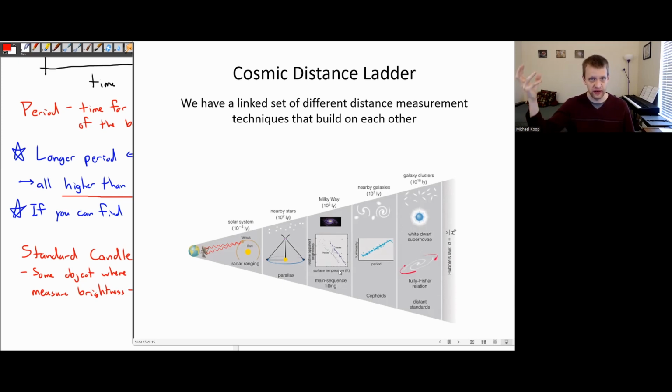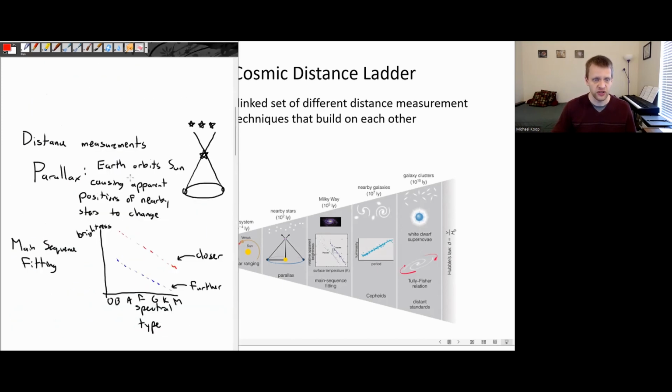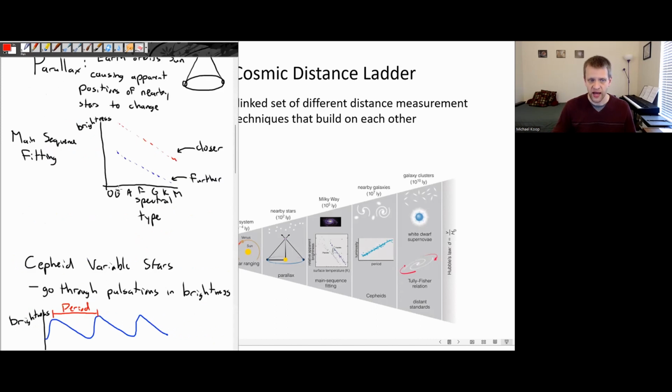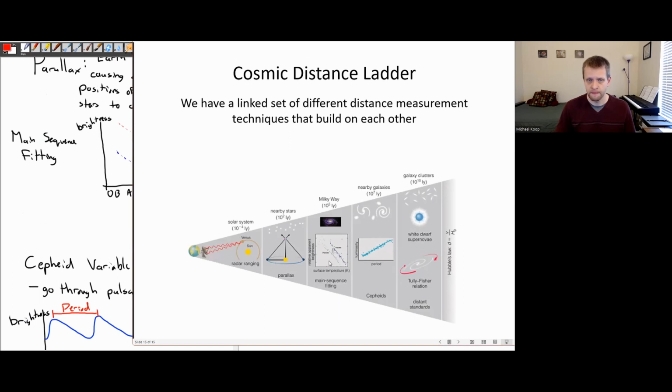fitting method. If we see a cluster of stars that are all about the same distance, we can make one of these brightness versus spectral type graphs, the kind of graphs that we talked about over here, and we can determine which ones are closer and which ones are further away.